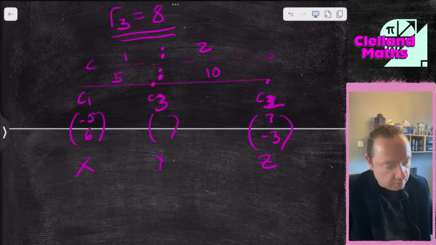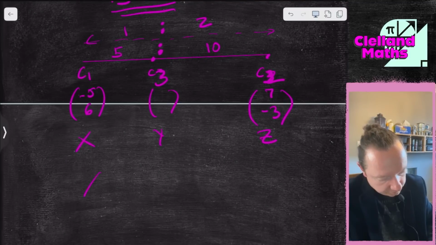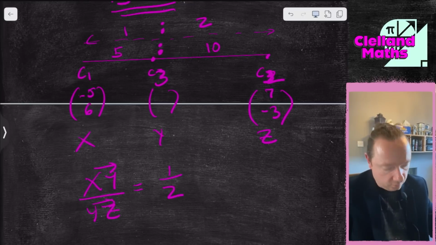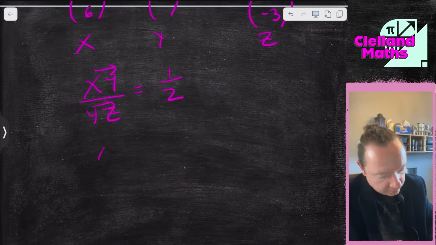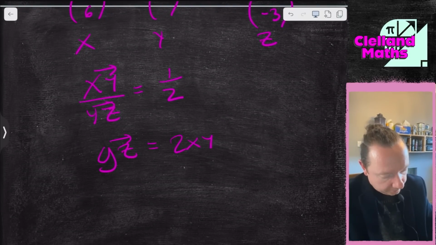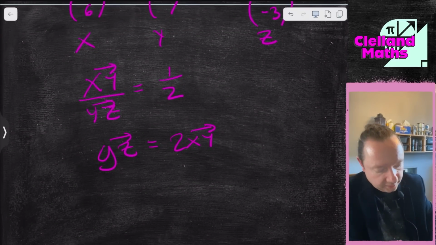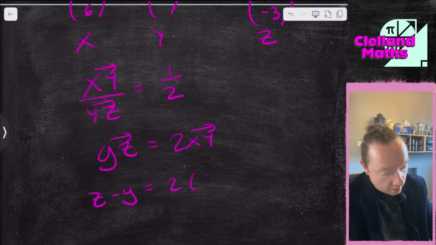So far, so good. So xy over yz equals 1 over 2. That's what I'm thinking about. So that means that yz equals 2xy. So yz is z minus y equals 2 times y minus x.